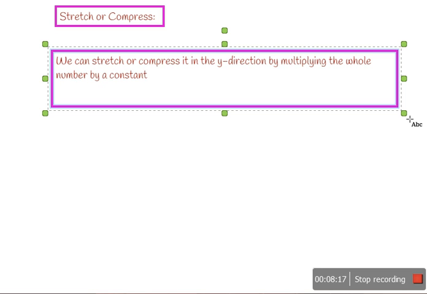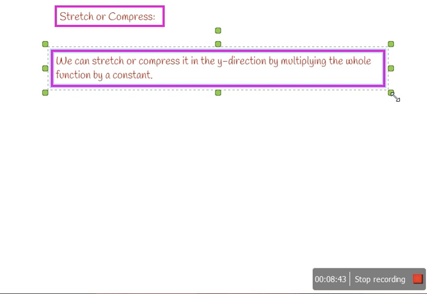So how to stretch or compress in the y direction? By multiplying the whole function. You have to multiply the whole function by a constant.